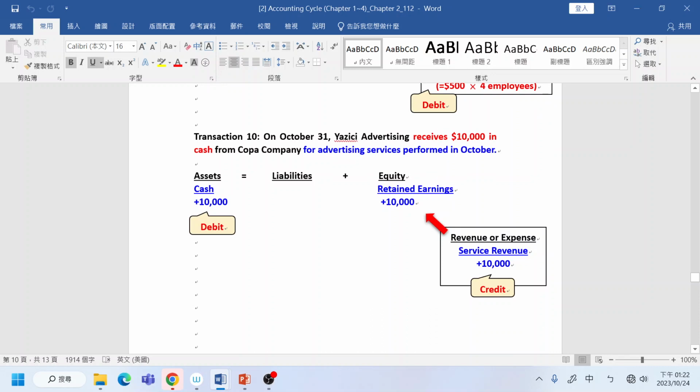Last one. Cash increase on your debit side, left. Revenue increase on your credit side, right. Okay, any questions? So what we are going to do is, based on the numbers, we have to decide whether to put it on your left or on your right.